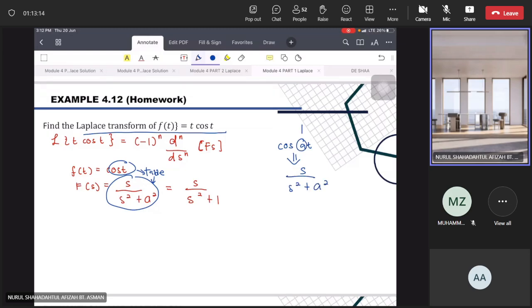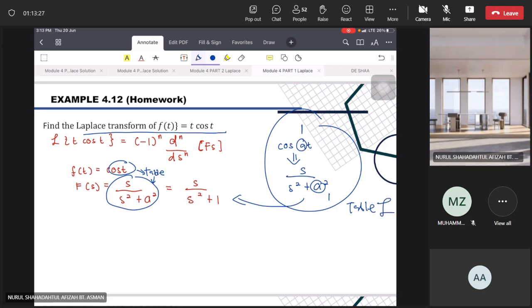But if your a is 1, you just substitute the value 1. That's why you get s over s squared plus 1. So this one is from the table of Laplace. Okay.